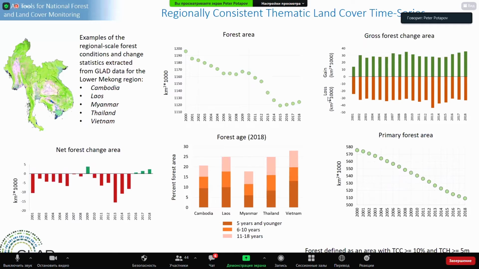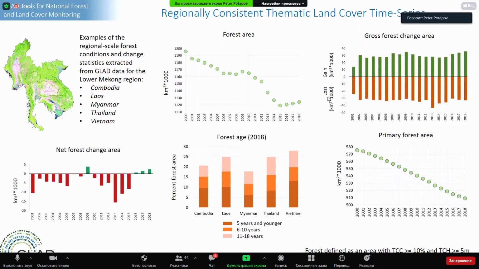These are some results that can be obtained by the users for every country, for every region. You can see the difference in forest area. You can see the changes in the forest regeneration, the net area of forests, the forest age in 2018.